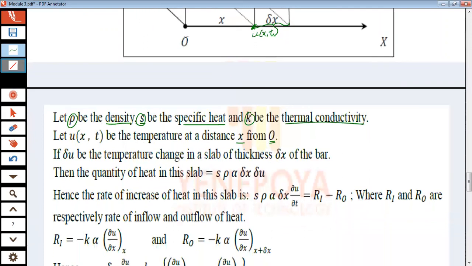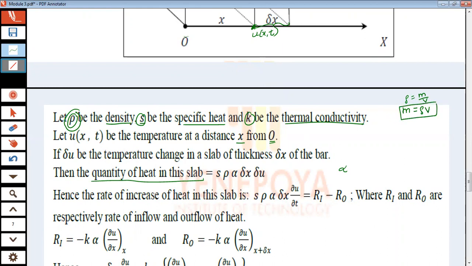So the quantity of heat in this slab element is proportional to density, since density is equal to mass by volume, so mass is equal to density into volume.